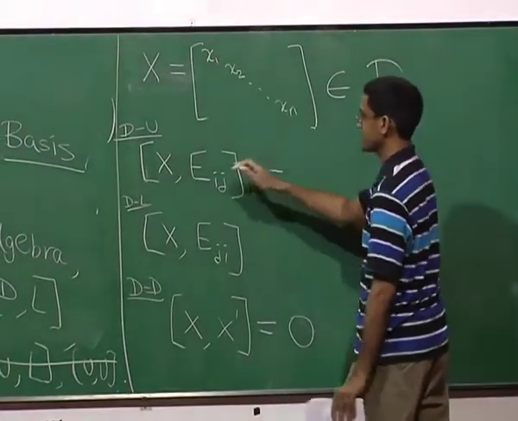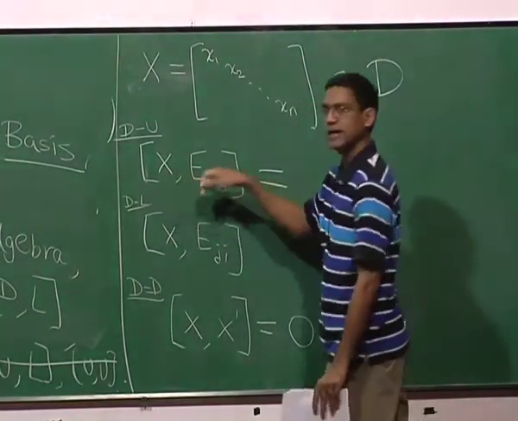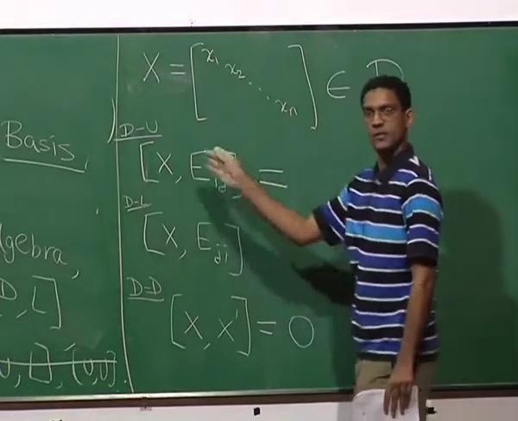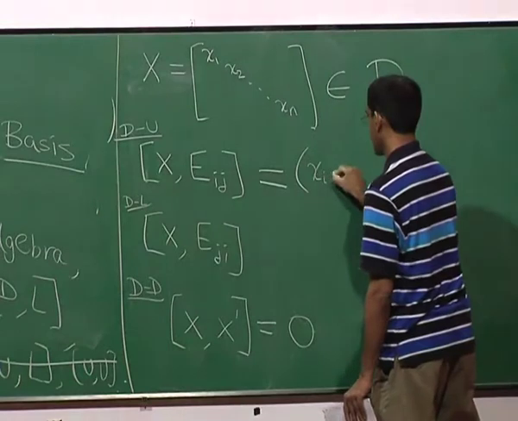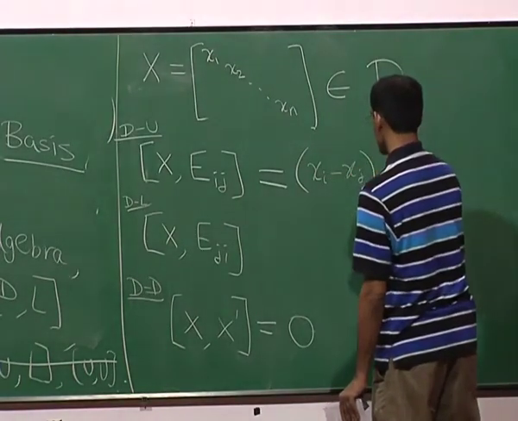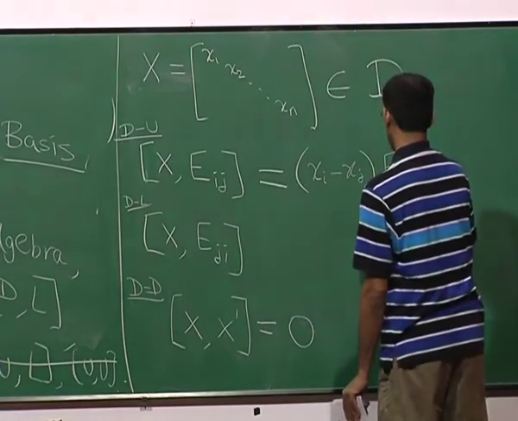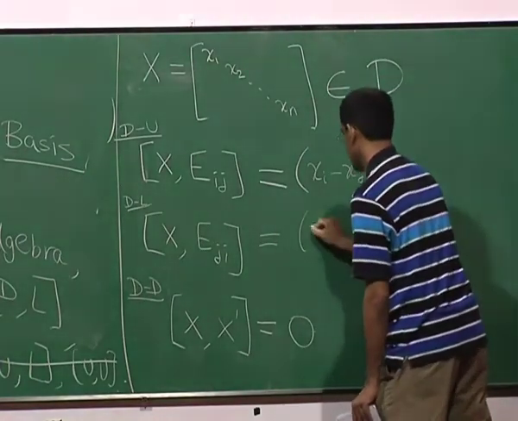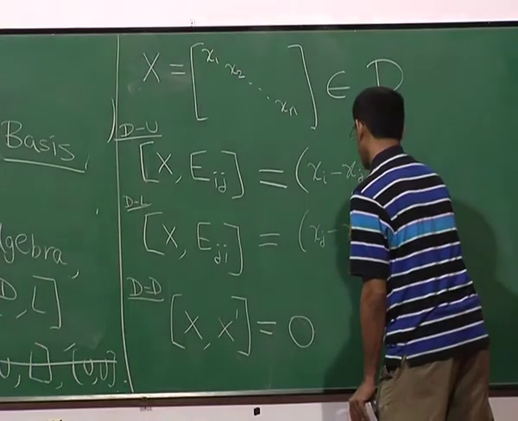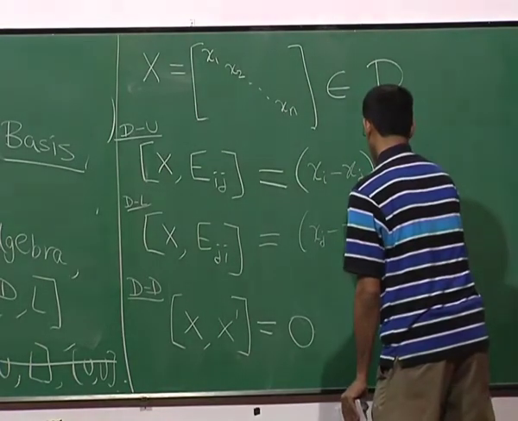Take a diagonal matrix, take Eij, calculate x Eij minus Eij x. You just do matrix multiplication, and you will find this is xi minus xj times the matrix Eij. When you do it with L, you will find that this is just xj minus xi. I mean, it's the same calculation, of course. Eji.